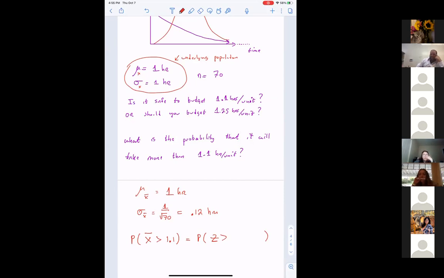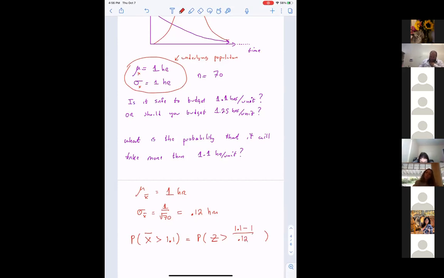How do I get the z-score of 1.1? Who recalls the formula for that? Is it x minus mu over a standard deviation? Yes. Use the equation x minus the mean over the standard deviation.